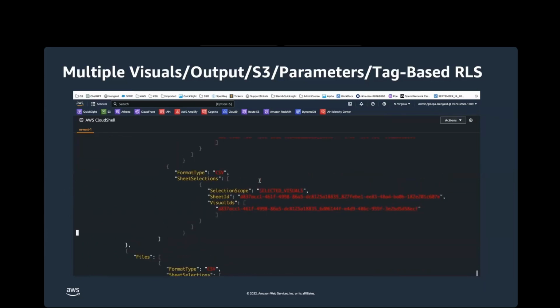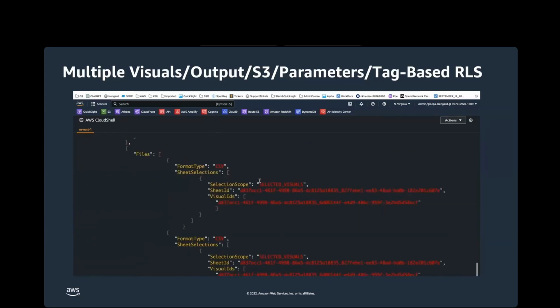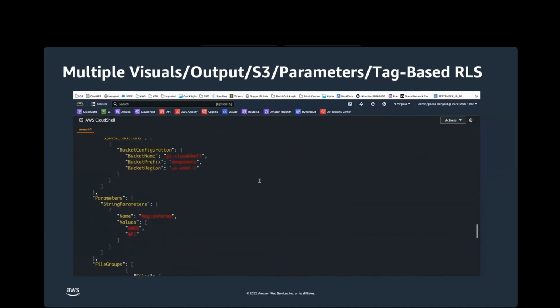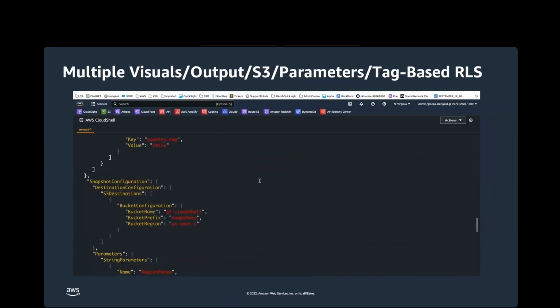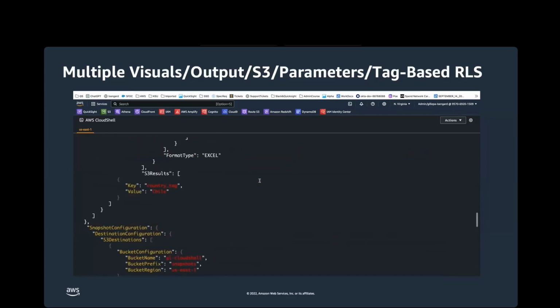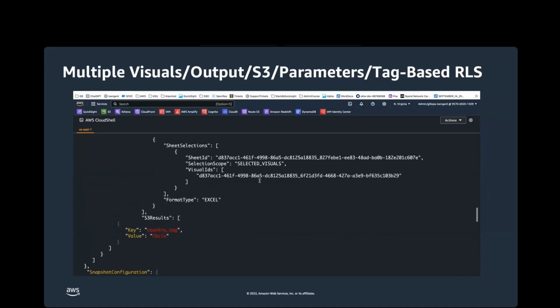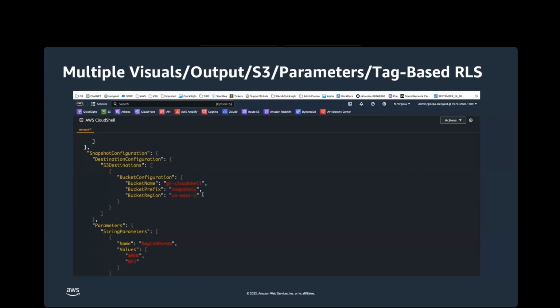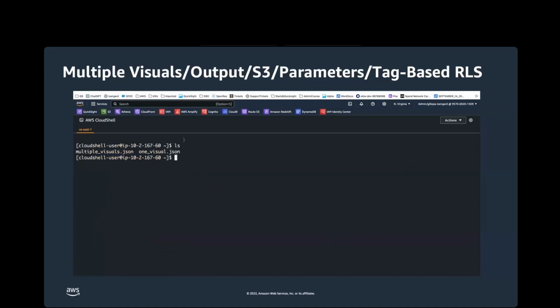We also specify a parameter, as you can see, once we scroll up right here in the parameter section. And we also use tag-based security. This is how the JSON configuration file looks.